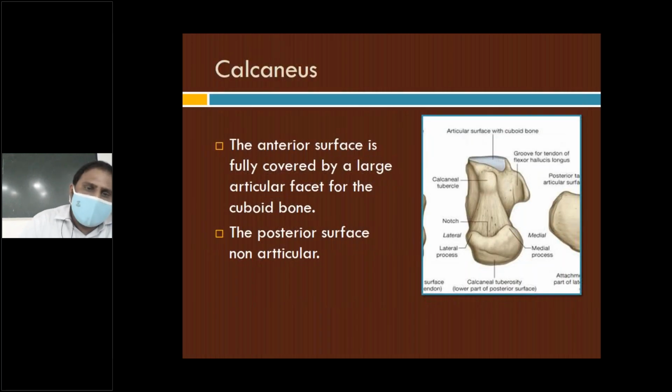The anterior surface is fully covered by a large articular facet for the cuboid bone. The posterior surface is a non-articulated part. On the posterior side there is one notch and two processes: lateral process, medial process, and the calcaneal tuberosity.